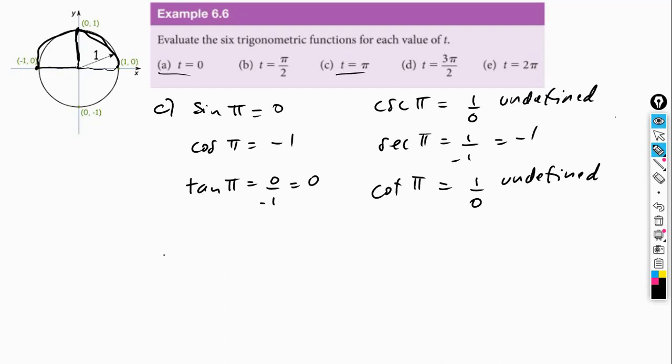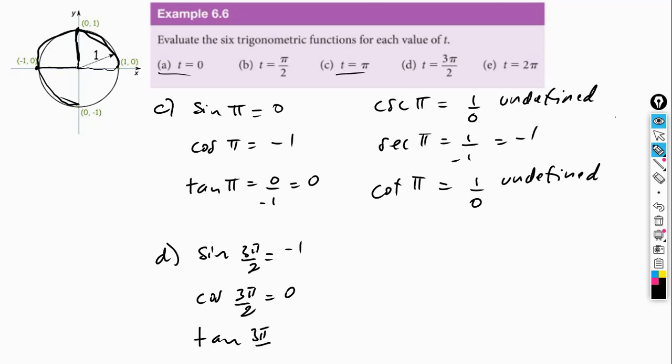For D, the value is t equals 3 pi halves. So 3 pi halves is all the way here, 270 degrees. That means that sine of 3 pi halves is going to be -1. Cosine of 3 pi halves is going to equal 0. Tangent of 3 pi halves is going to be undefined.